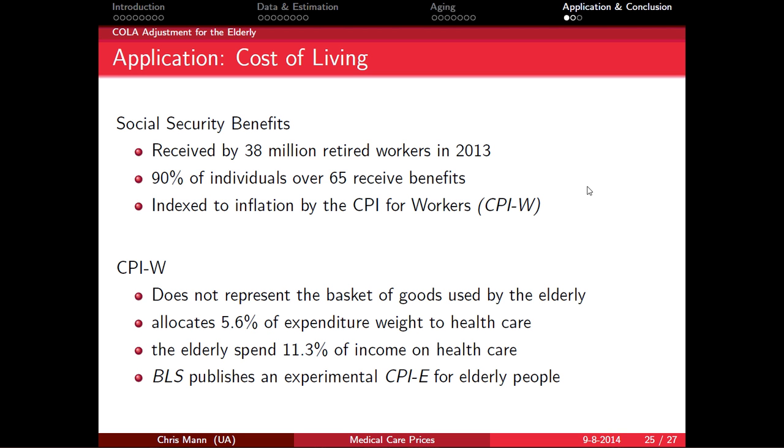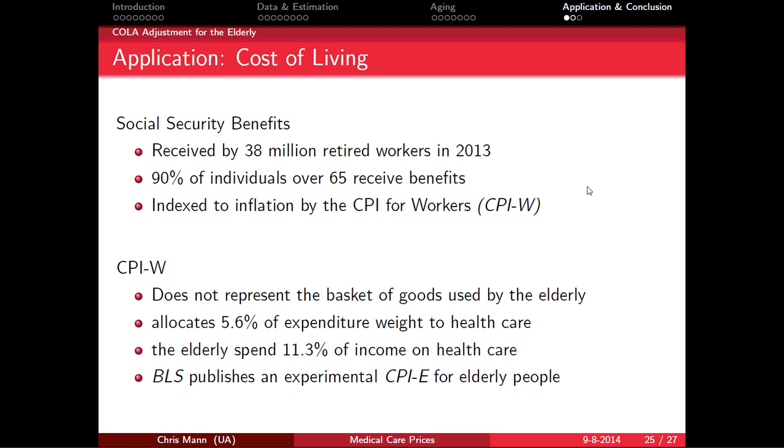And of course, we call that indexing, right? So, over 90% of the individuals who are age 65 or older actually receive some type of Social Security benefits, which are indexed to inflation. Specifically, they're indexed to the CPI for workers. And this includes about 38 million retired workers in 2013. So, what was that, like 12-13% of the population receives some type of Social Security benefit.